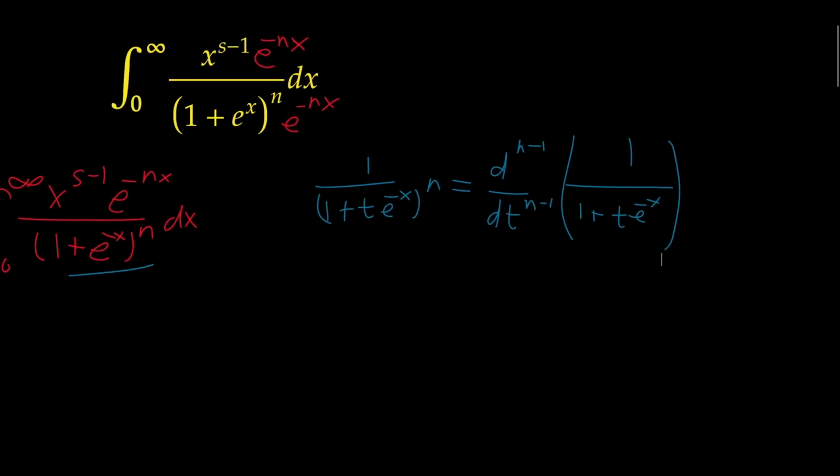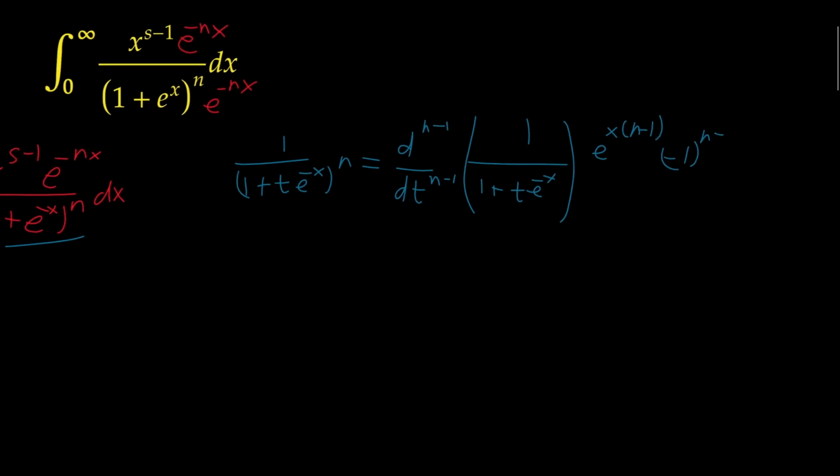But because we're doing this, we do have a couple of extra factors, namely an e to the x times n minus 1, a negative 1 to the n minus 1, and then that's all over n minus 1 factorial.